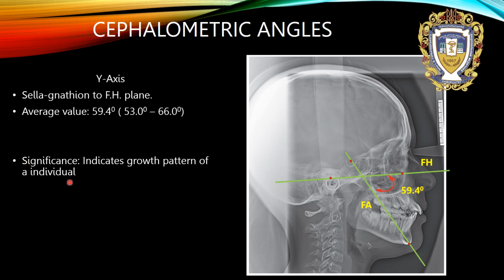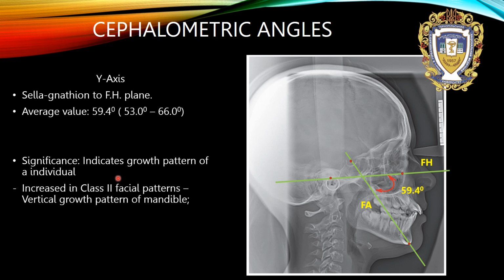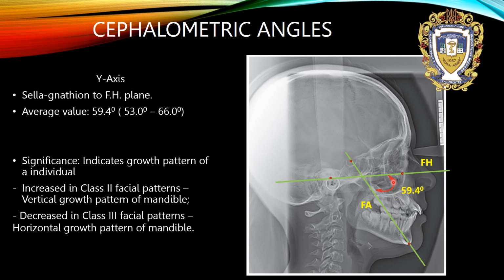Significance of this angle indicates growth pattern of individual. Increased in class 2 facial pattern, vertical growth pattern of mandible, and this angle will decrease in class 3 facial patterns, horizontal growth pattern of mandible.